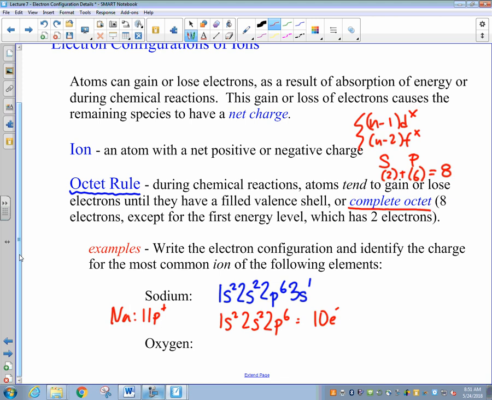And if we had 11 protons and 10 electrons, that implies the sodium atom has one more proton than it has electrons, and therefore it has a charge overall of +1. So we say the sodium ion has a charge of +1 due to its electron configuration of 1s2, 2s2, 2p6. And again, remember, it's positive because the electron it lost was a negative charge. Losing a negative makes you positive.